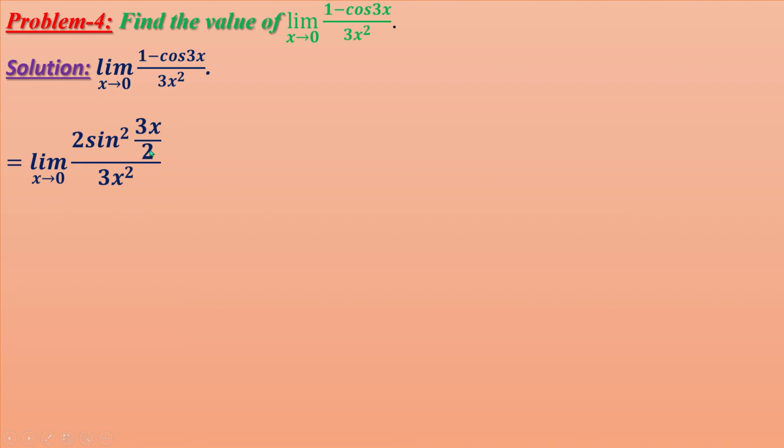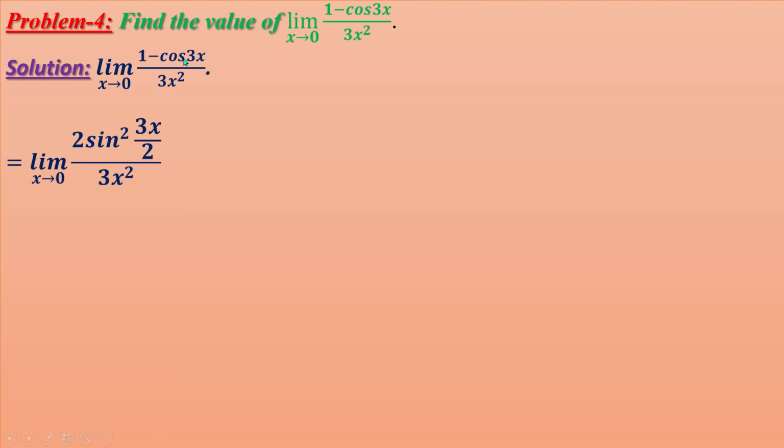We know this formula because we have already completed the trigonometry part. I think everybody will be clear which formula is used: 1 minus cos 2a means 2 sine square a, where a means 3x by 2.